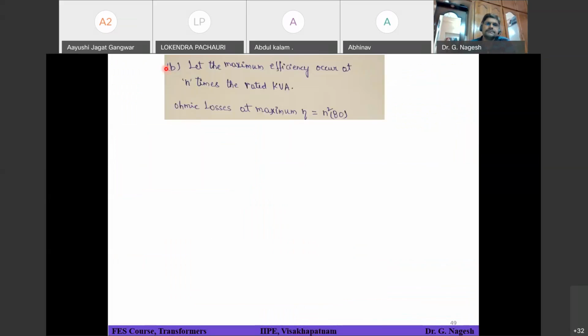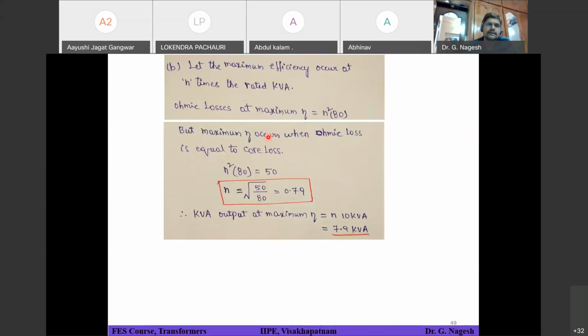So let the maximum efficiency occur at N times the rated kVA. The ohmic losses at maximum efficiency, we already know, are N square into 80. First of all, we have to find out the value of N. Maximum efficiency occurs when the ohmic losses and core losses are equal. So N is given as root of core losses divided by full load copper loss.